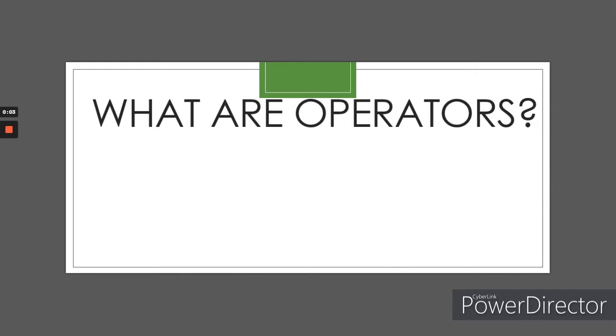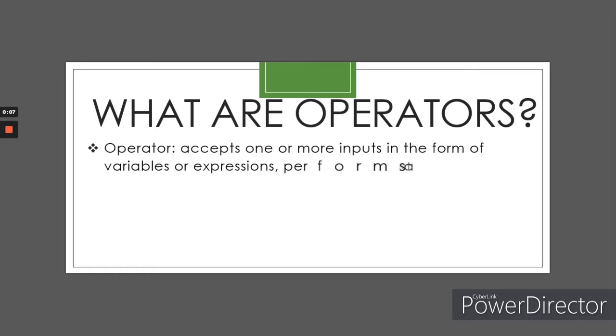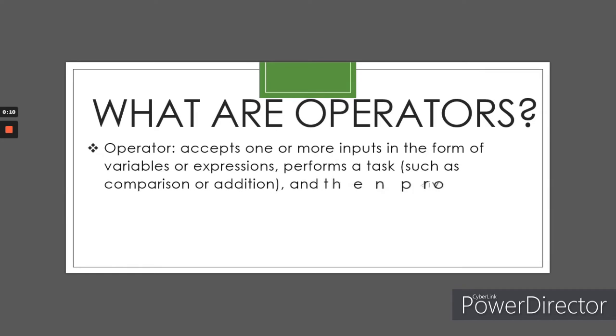What are operators? Operators accept one or more inputs in the form of variables or expressions, perform a task such as comparison or addition, and then provide an output consistent with the task. Operators are classified partially by their effect and partially by the number of elements they require.